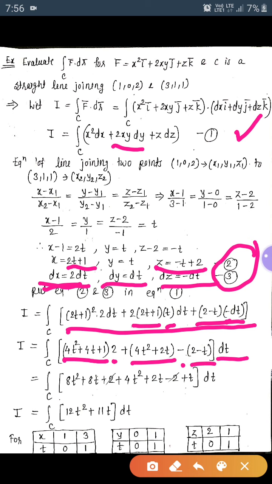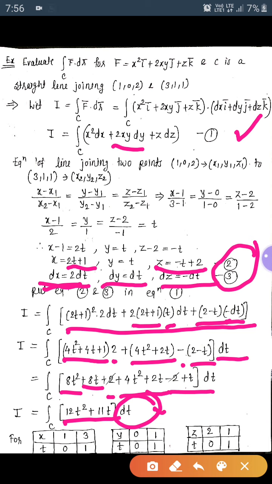Now simplify further: 4t squared into 2 is 8t squared plus 8t plus 2, plus 4t squared plus 2t, minus 2 plus t, multiplied by dt. Now it is equal to (12t squared plus 11t) into dt. Again we got the integral in terms of dt.